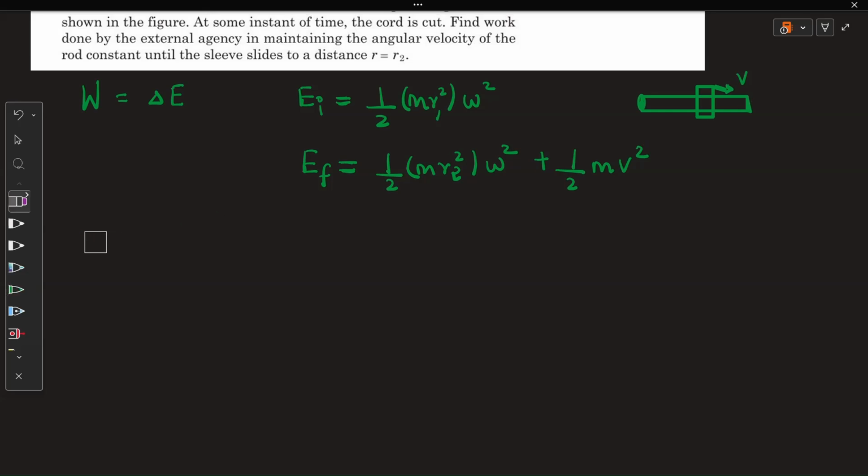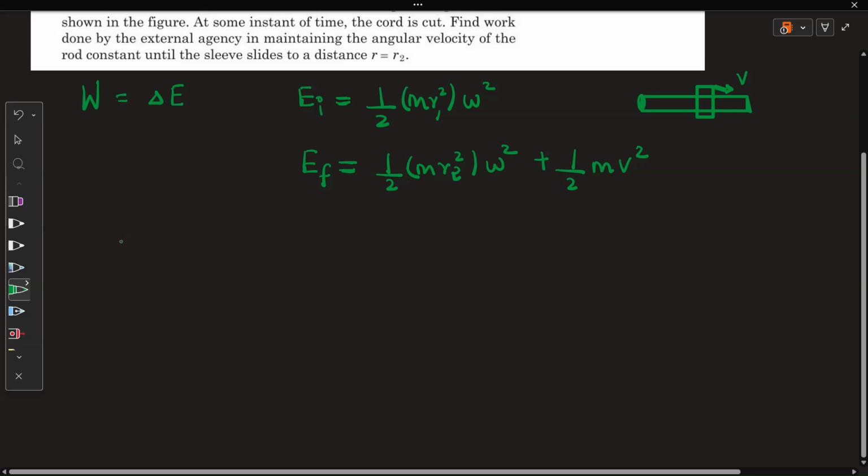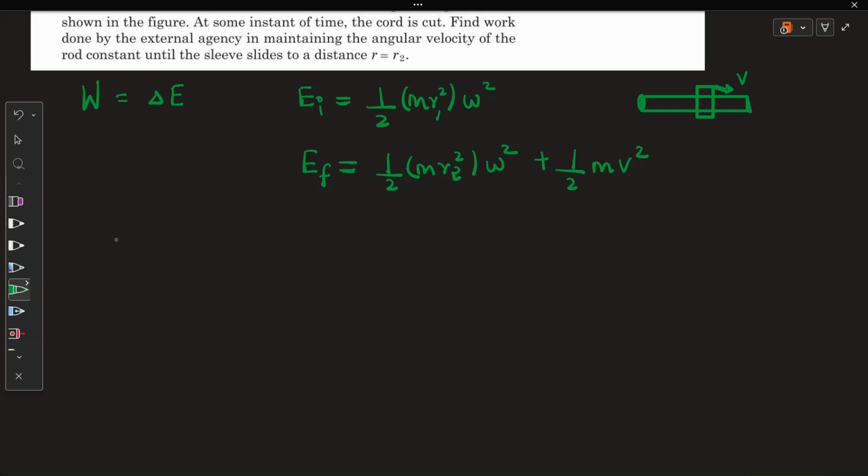So the velocity v is given by the centrifugal force. The acceleration due to centrifugal force is v into dv by dr, which is nothing but v square by r.